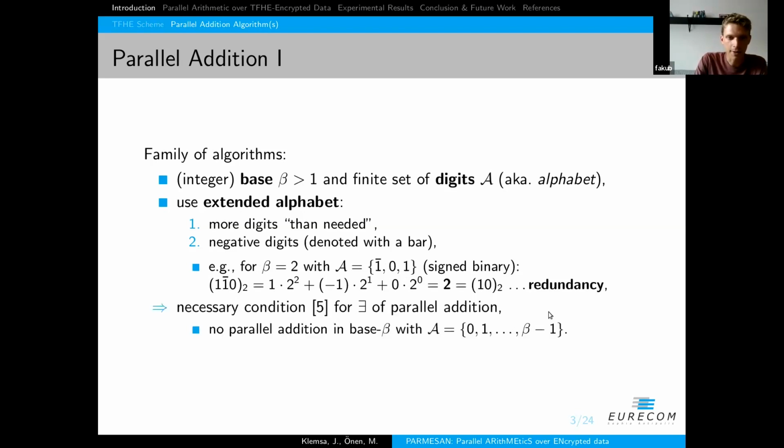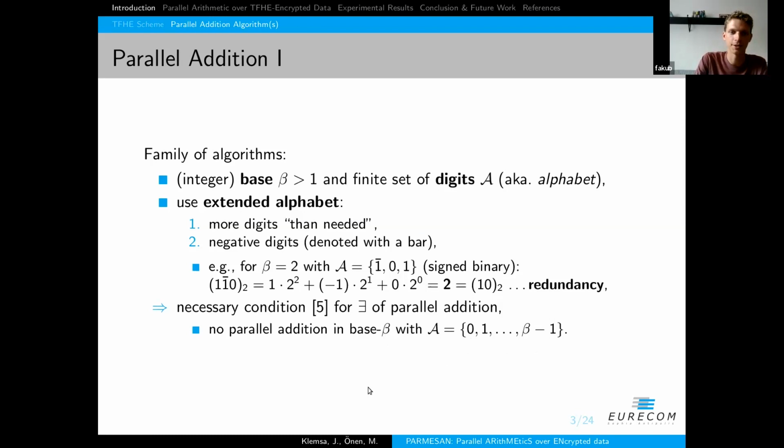Actually, it was shown that the redundancy of the representation is a necessary condition for a parallel addition algorithm to exist. So it means, in turn, that in the standard base beta representation with the standard alphabet from 0 to beta minus 1, so for example, base 10, we would have the digits 0, 1, up to 9.